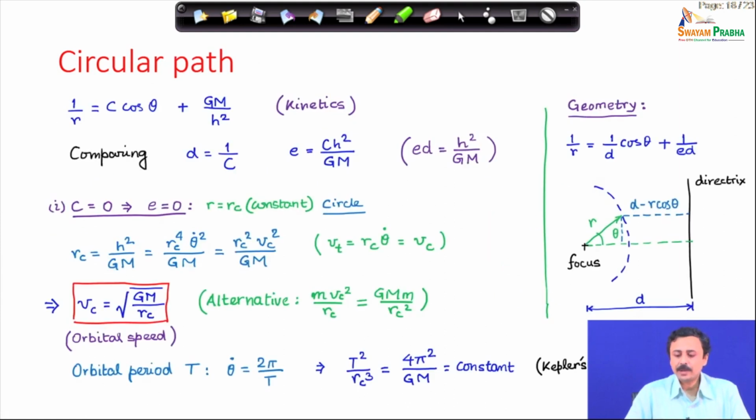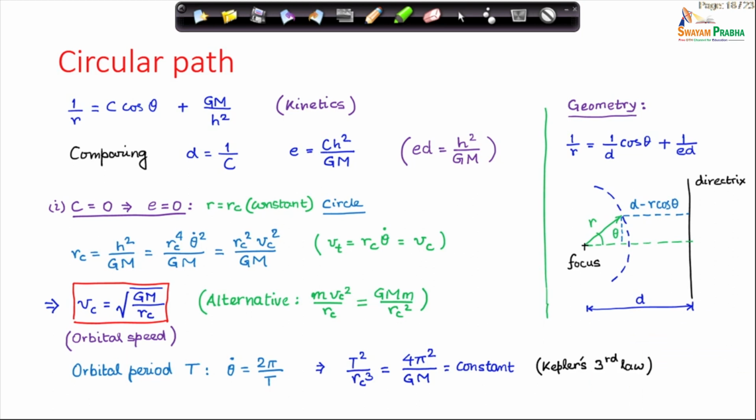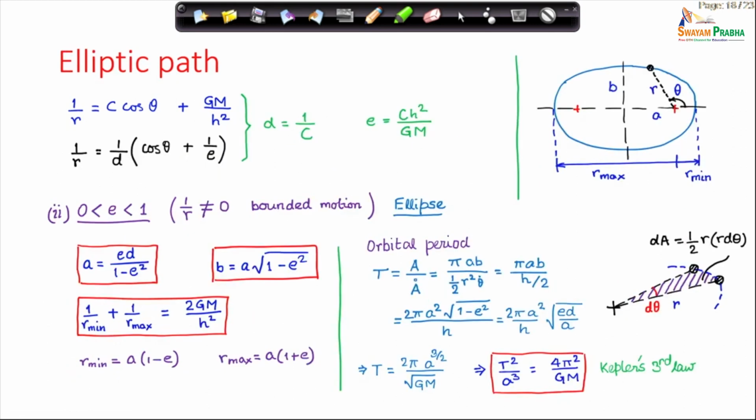And by comparing for various values of e, which is the eccentricity, we had discussed the circular path, and we have also seen how Kepler's third law is recovered from all these expressions. Then we had discussed elliptic paths. These are the major relations that we had seen in the previous lecture.